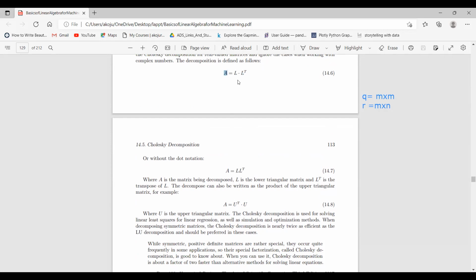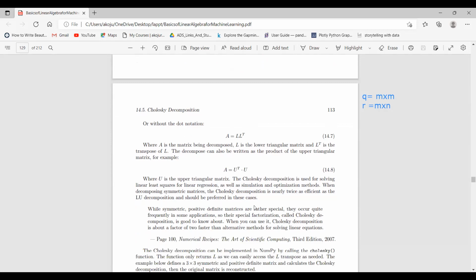If you are unable to get a lower triangular matrix, and after seeing the matrix, an upper triangular matrix is easy to get with row operations or column operations, then for Cholesky decomposition we can use the upper triangular matrix, like U transpose dot U, that is UT U, and you will get the A matrix.